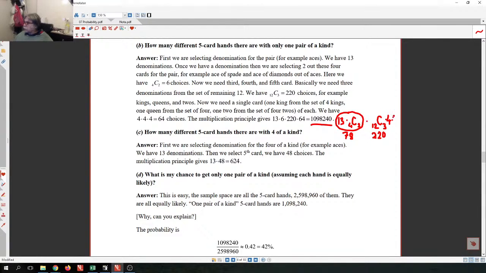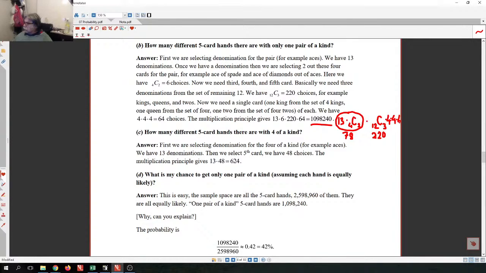You need to select which of those you need to have. So let's say you have jacks, you need to select which jack you want. Yeah. Jack of diamonds. So you have 4 different options to select jack out of the set of 4. And let's say you can select 3s for the fifth card. Which one of the 3s? 3 of diamonds, 3 of hearts, 3 of clubs, or 3 of spades. So you have 4 different selections for that.